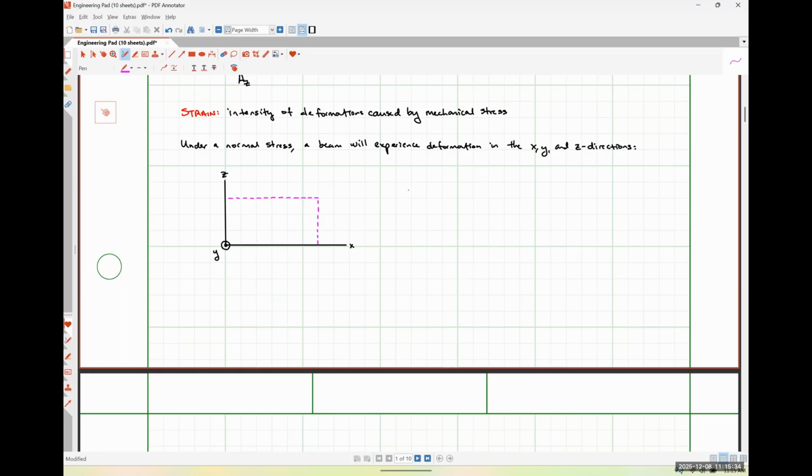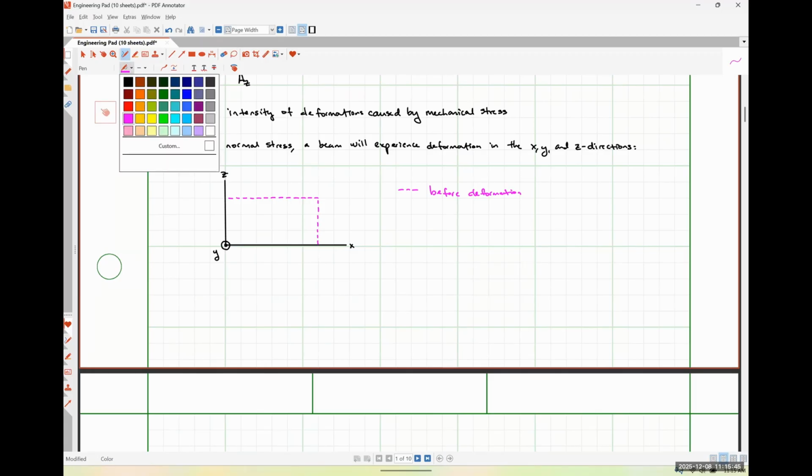And I'm just going to put a note out here. Dash is before deformation.